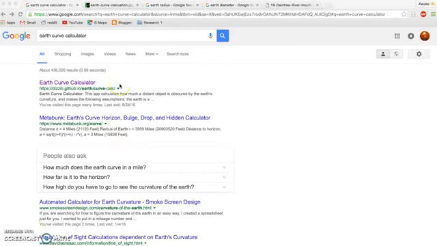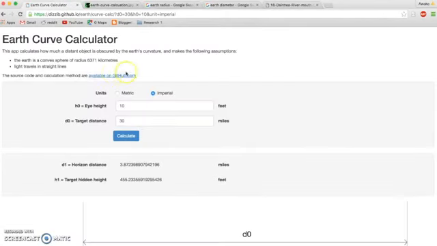So we're back at the Earth curve calculator. We're going to check this out. We're going to set our eye height to 0 because we're looking at this from where the water of the river enters the Gulf, right down there at sea level. And the distance from the mouth of the river to my house in a straight line is 143 miles.